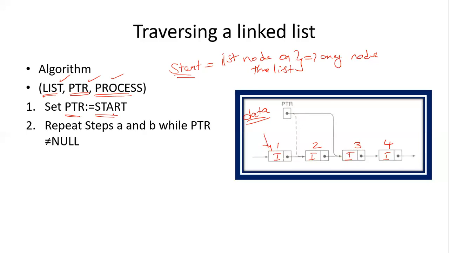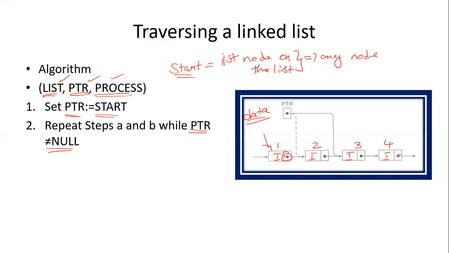Next, we repeat the following steps until PTR is not equal to null. That means PTR will be pointing to every node. Let us say this is one address, 1, 2, 3, 4, and here we have the link address.